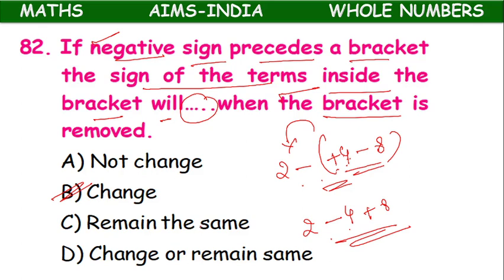Or sometimes, is there any other possibility? 2 minus of 4 into 8. 2 minus 4 eights are 32. Here also 2 minus 32, the symbol will change.